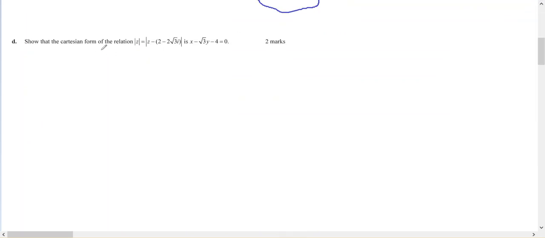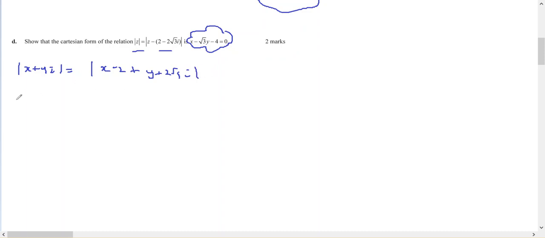In D's case, show that this equals this. So we're given the answer to show that question. So the modulus of x plus yi equals the modulus of x minus 2 plus y plus 2 root 3i.